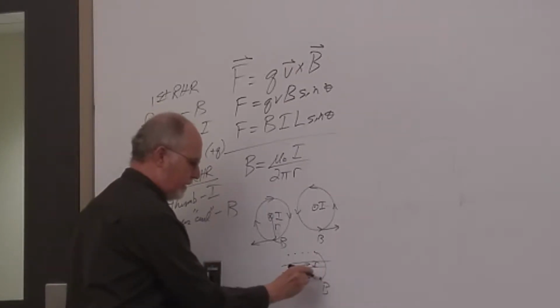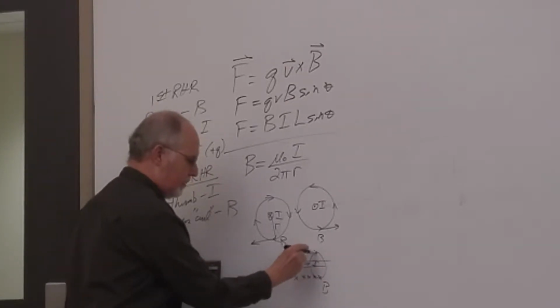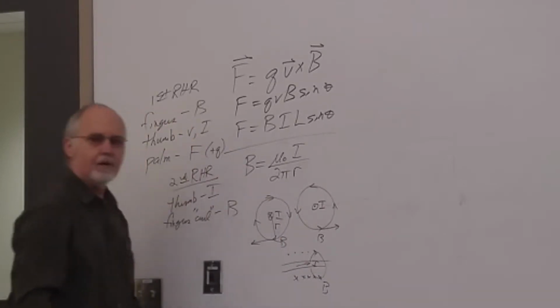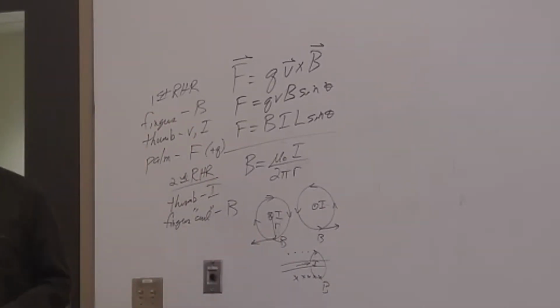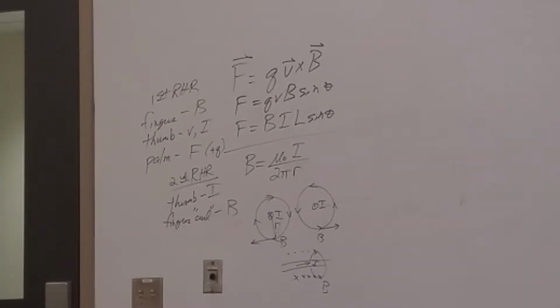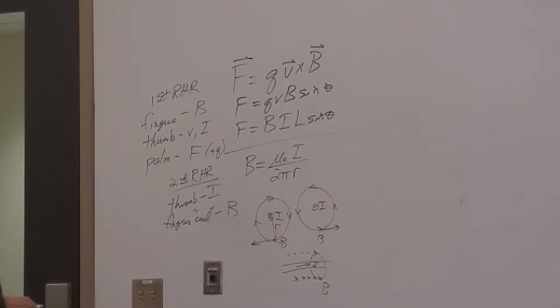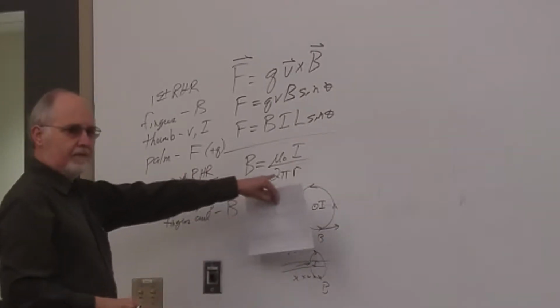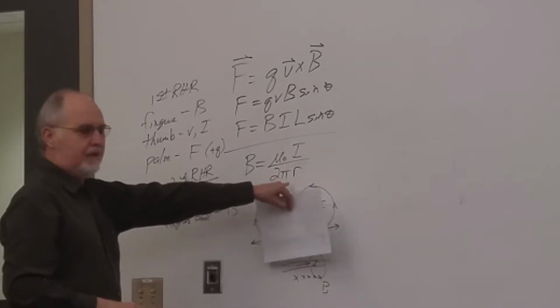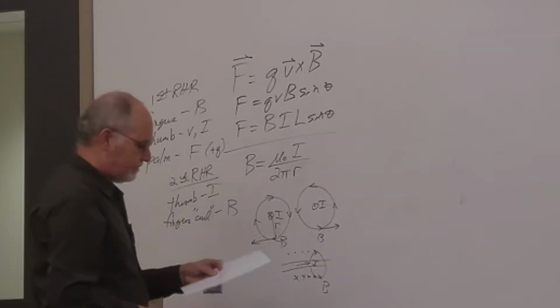Of course, it's coming around something like that, which is just hard to draw. It's easy to draw if it's coming either straight out of the paper or into the paper. But if it's going in the plane of the paper, you can still do it. It's just on one side it's going in, one side it's going out, depending on which way the current's going. So that's the magnetic field formed by a current some distance away from the current.